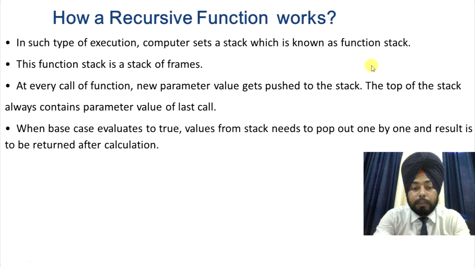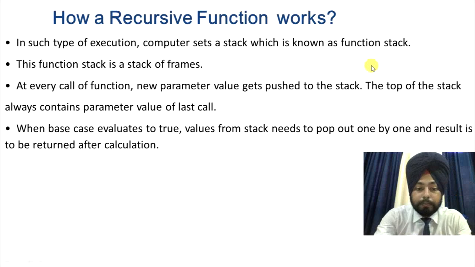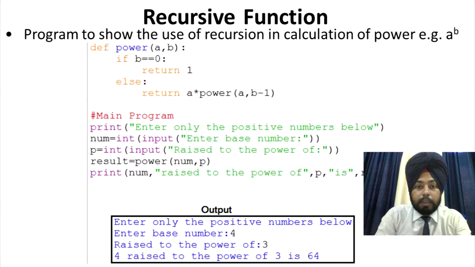The top of the stack always contains the parameter value of the last call, where the base case evaluates to true. Values from the stack need to pop out one by one and the result is returned after the calculation. Clear? And here we'll discuss a practical about the recursive function.